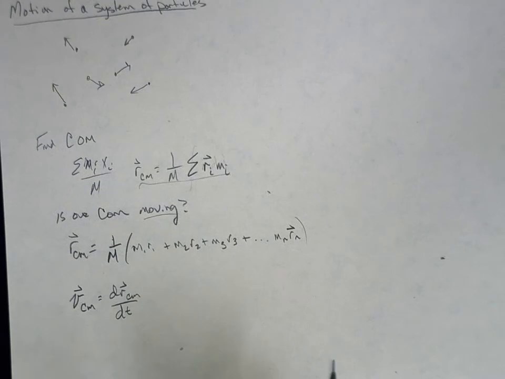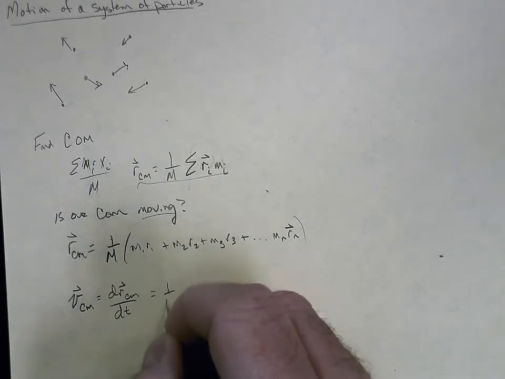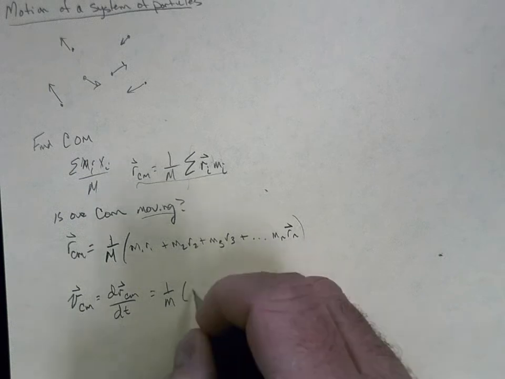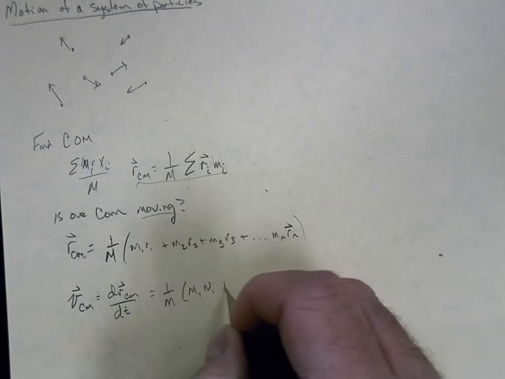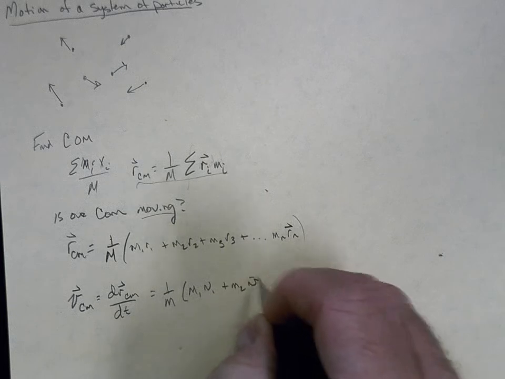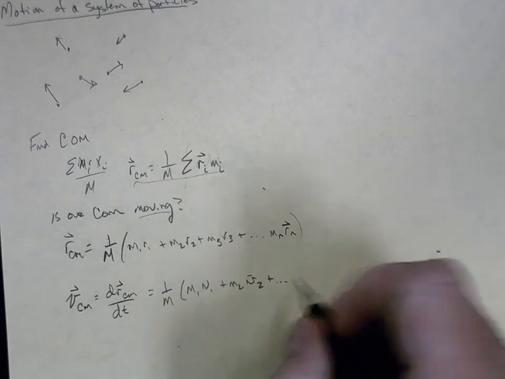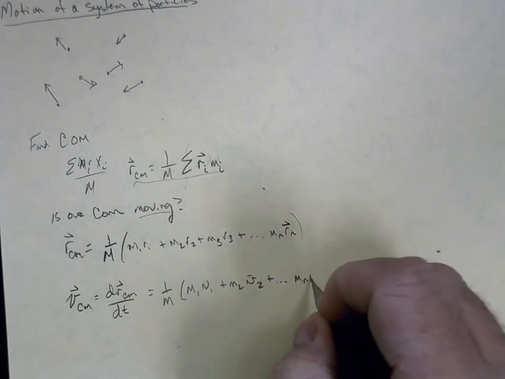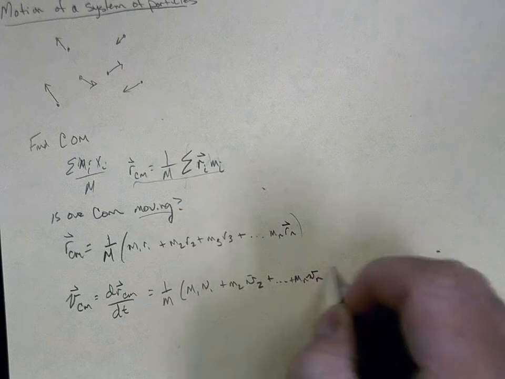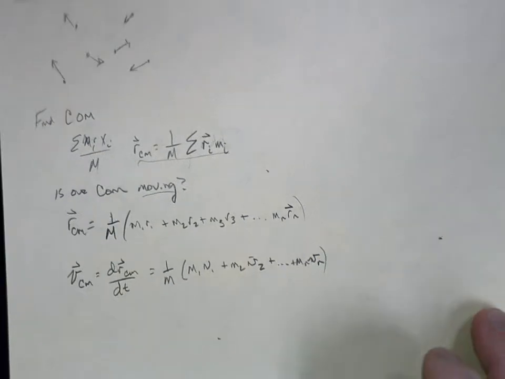So what we can then do is find that the velocity of our center of mass is going to equal 1 over M times m1 times the velocity of the first one plus the mass of the second one times the velocity of the second one, and so on to mN vN, our nth term.